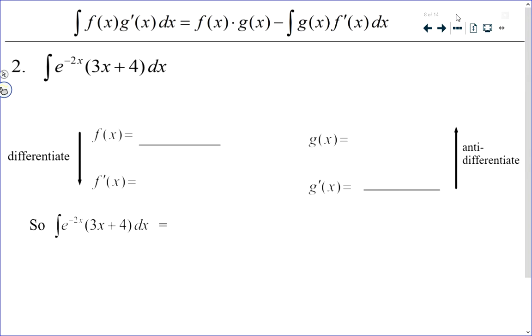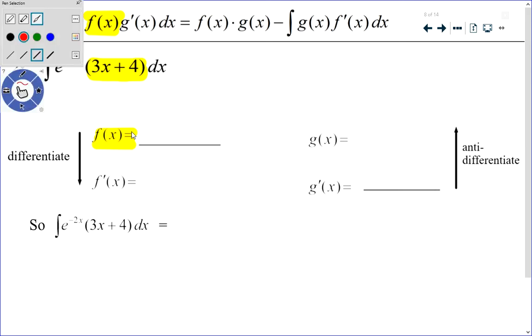Remember that the thing you want to choose for f of x, there will be an exception, okay? And the exception will be in example 3, so it's coming up quick. But generally speaking, the thing that you want to choose for f of x is the factor or part of the integrand which gets simpler when you differentiate it.